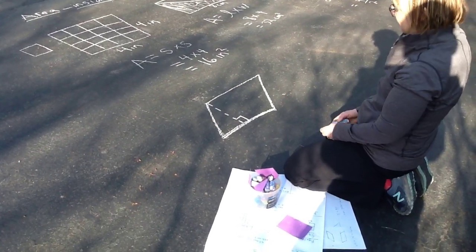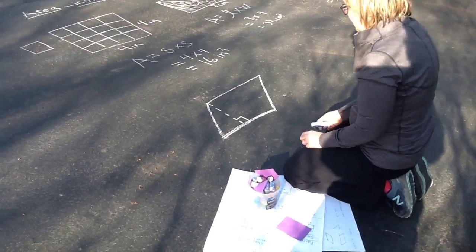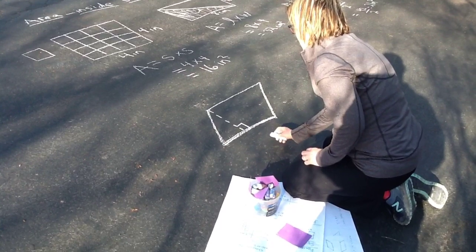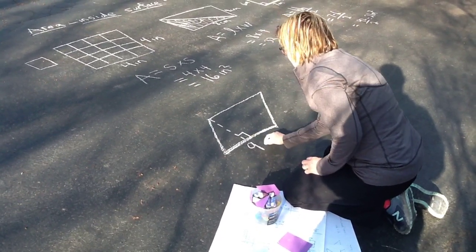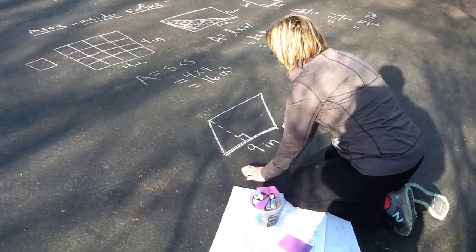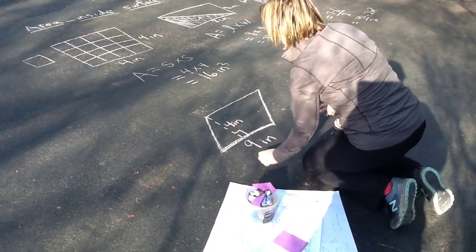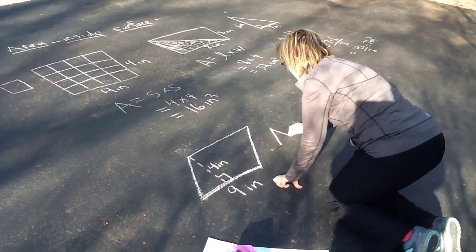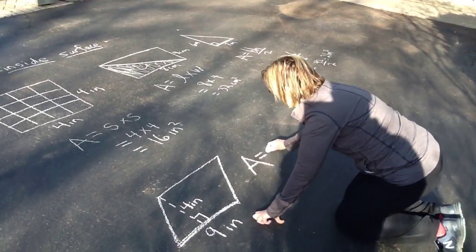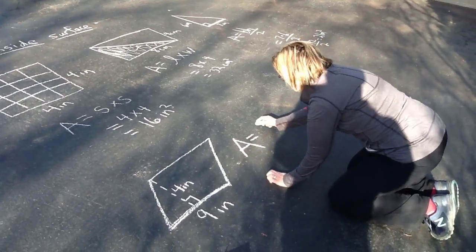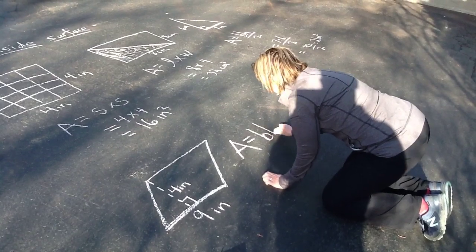So let's say the base is 9 inches and the height is 4 inches. The formula for area of a parallelogram, A equals area, is basically base times height.